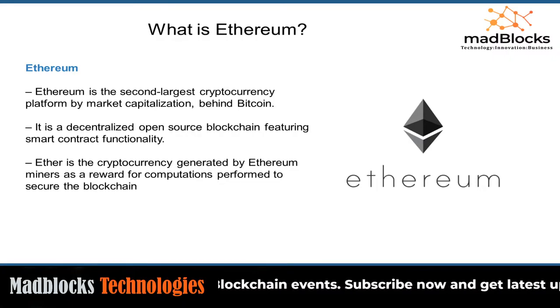But Ethereum is the second largest cryptocurrency platform by market capitalization behind Bitcoin. As I said, it is also a decentralized open source blockchain. Okay, but it is not limited to the finance domain. It is applicable to every domain. So you can do blockchain in agriculture, or you can do blockchain in smart cities, or blockchain in IoT, or you can integrate blockchain with drones.